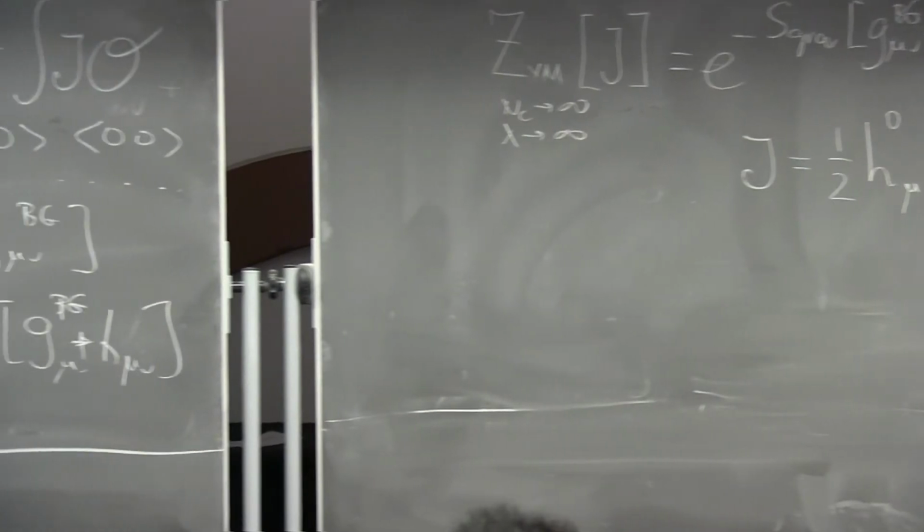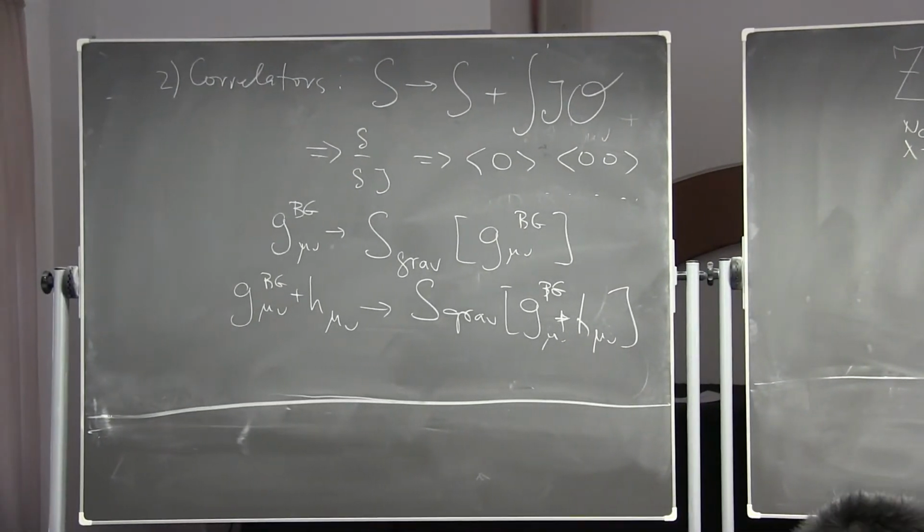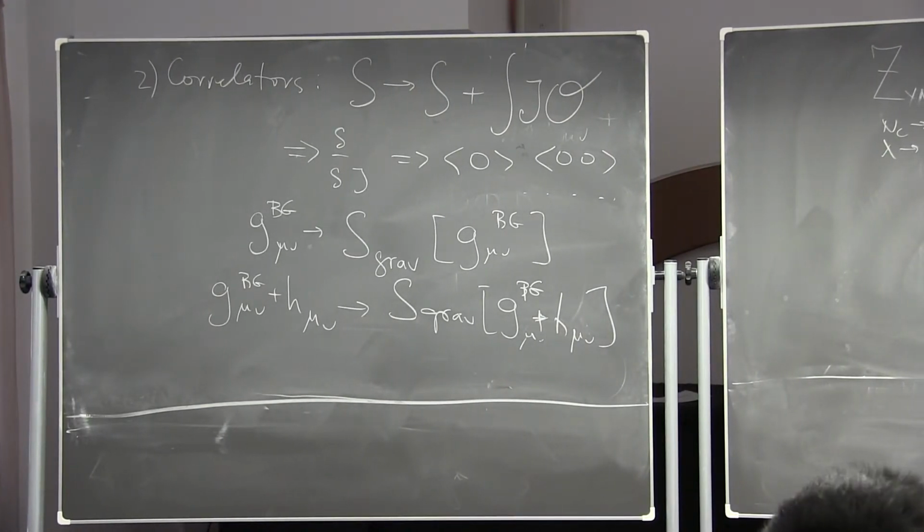I will not comment on the appearance of this 1/2. These are details which I can describe in private, or you can read in the literature. We don't have time for this, but there is a recipe.